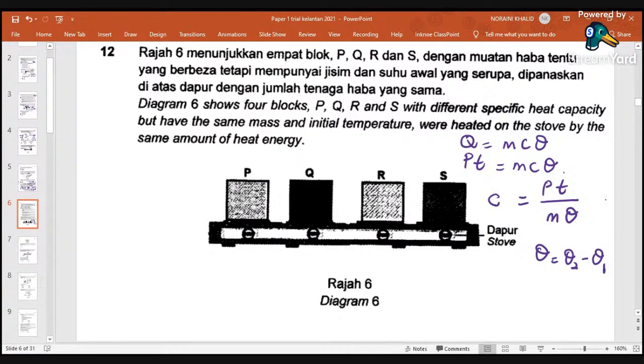Okay. So here the power supply and the mass are all the same. So it means the relationship between c and change in temperature.